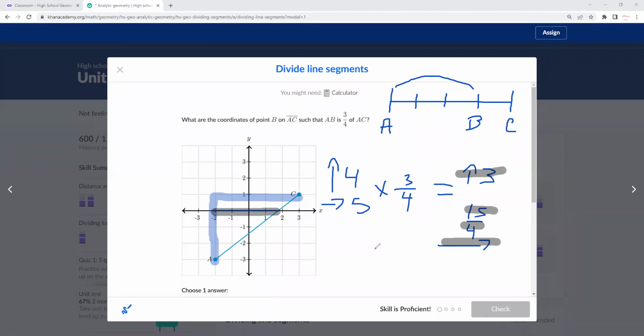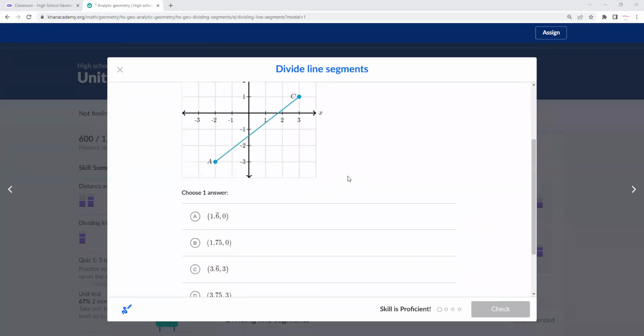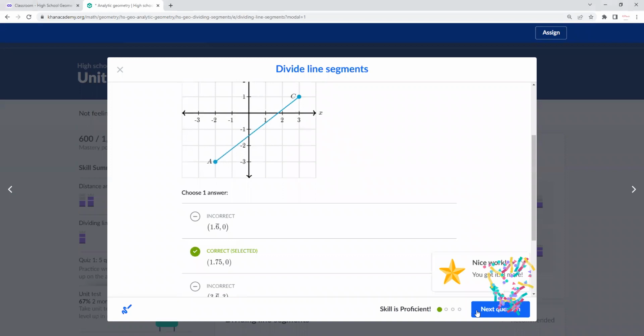So we're going to do -2 plus 15/4, which is 7/4. So we're going to be at (7/4, 0). So 0 is our y, 7/4 is 1.75. That's our answer.